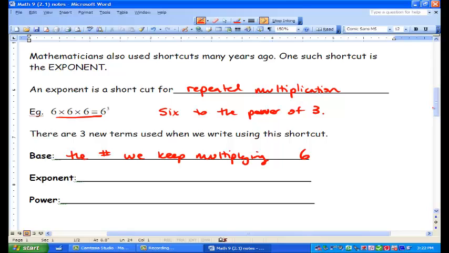Our exponent is the 3 in this case, and it's how many times to multiply the base by itself. And then finally, the power is the whole expression.